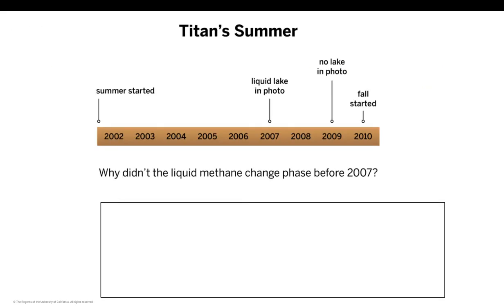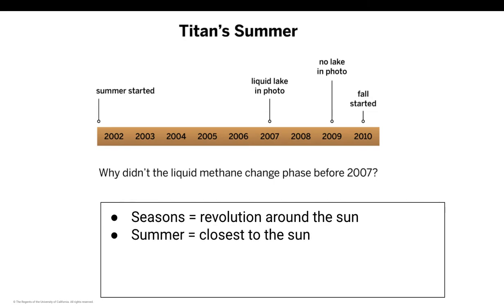Okay, maybe you couldn't quite think of it. Let's talk about it. We know that seasons are seasons because it has to do with where a planetary body is in relationship to the sun. We know that they revolve around the sun, and the season where it's closest to the sun is called summer. So if Titan is closest to the sun, then we know that it's going to get more energy during this time.